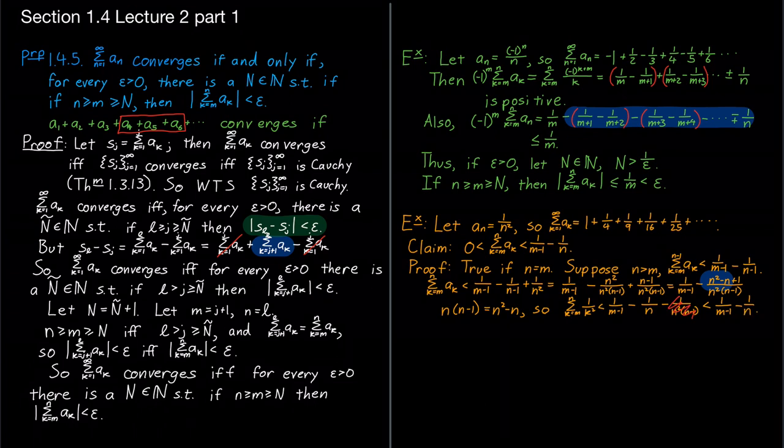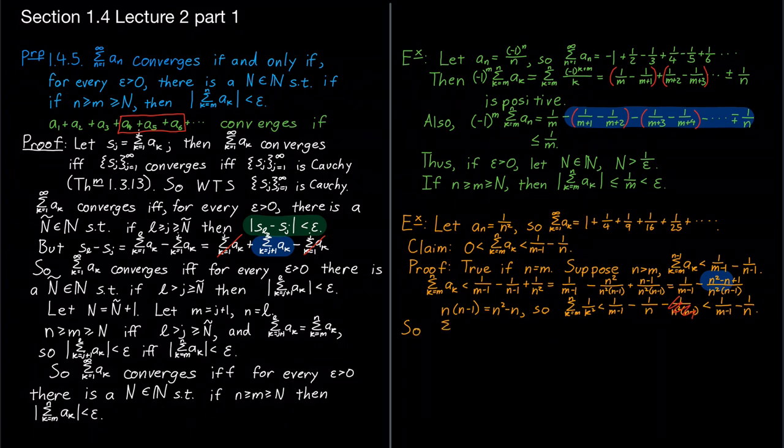It's not quite as slick as the alternating series that we saw before. We can't just prove right off the bat that our tails are less than 1 over m minus 1, but we can if we throw in this little bit of extra wiggle room.